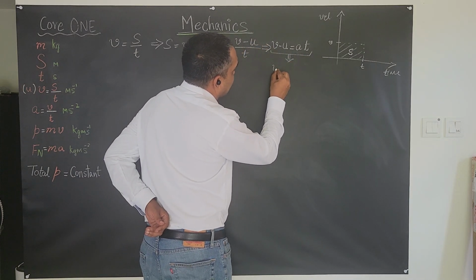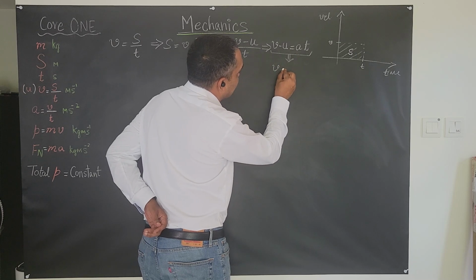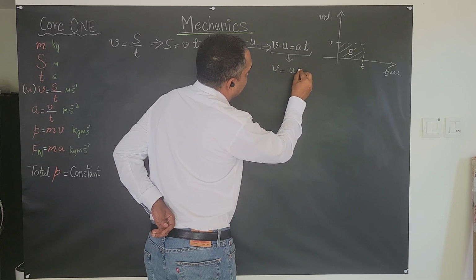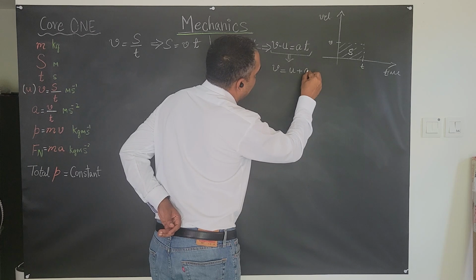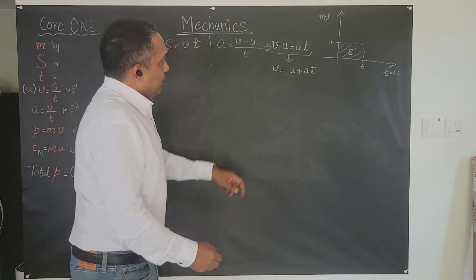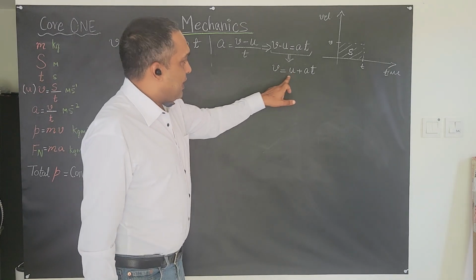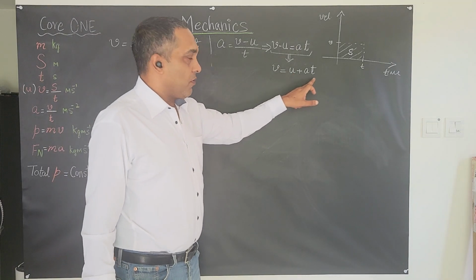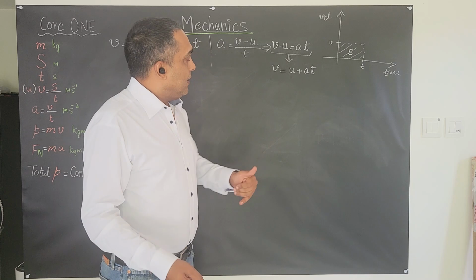I can also use this formula and play with this to say, well, what's final velocity? Well, final velocity, if I know initial velocity, would just be initial velocity plus, if I know acceleration, acceleration times time. Quite intuitive. If I was at rest, then my final velocity would just be acceleration times time.